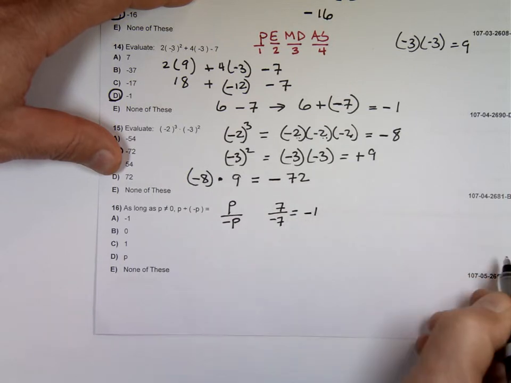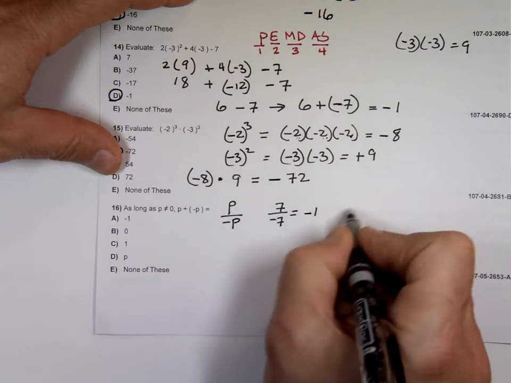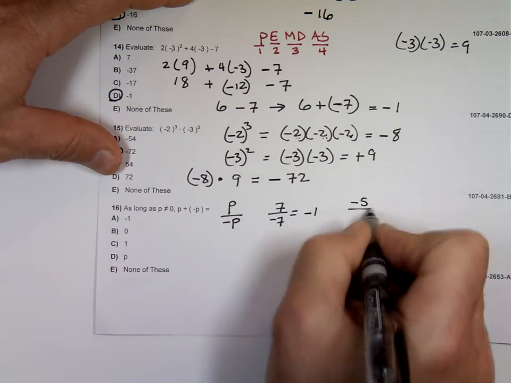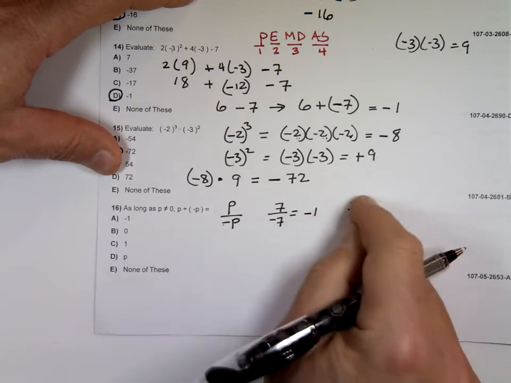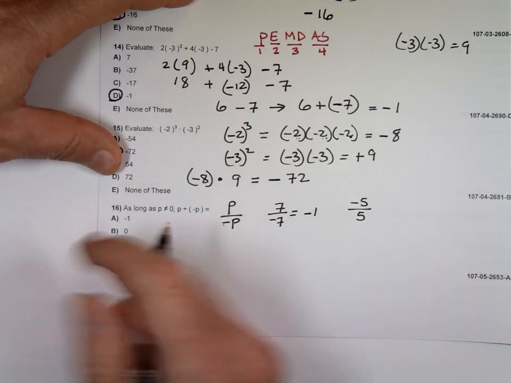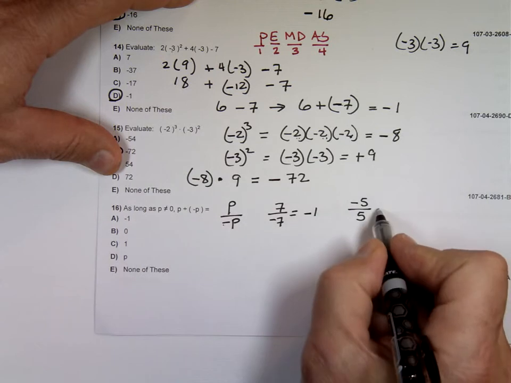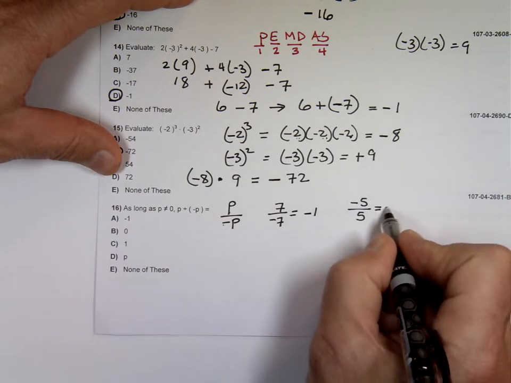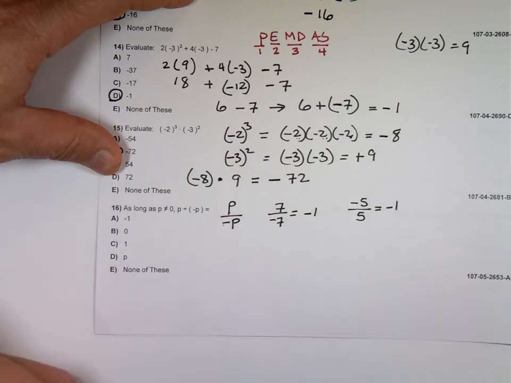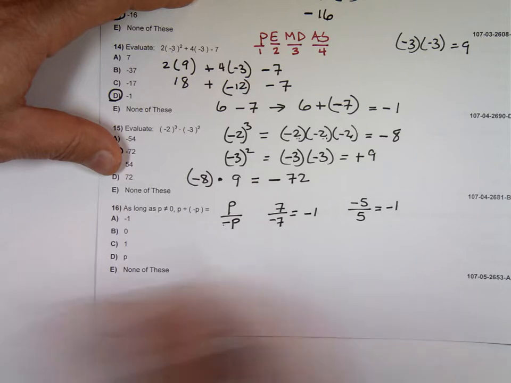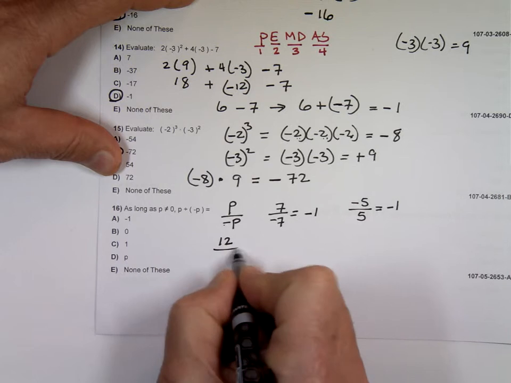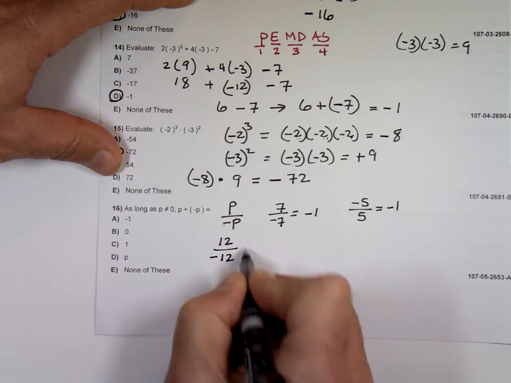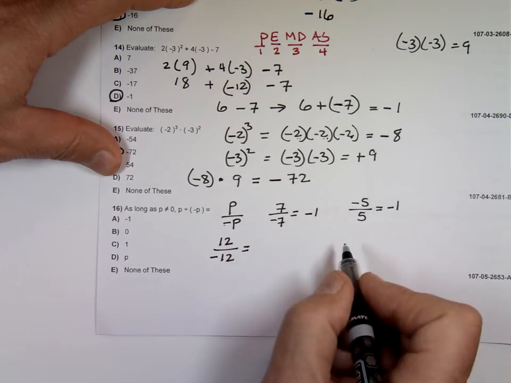If you made P negative 5, what's negative 5 divided by the opposite of negative 5, which is 5? What's a negative 5 divided by 5? Try again. Negative 1. If you let P be 12, what's 12 over negative 12? Negative 1.